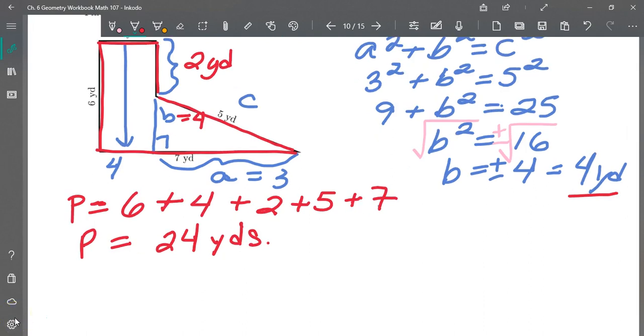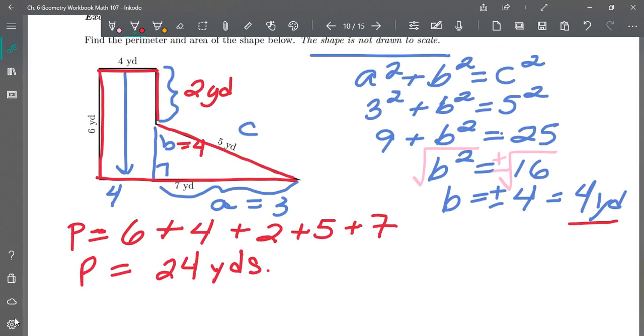Now we're going to work out the area. We just need to add up the area of the large rectangle here and the triangle.